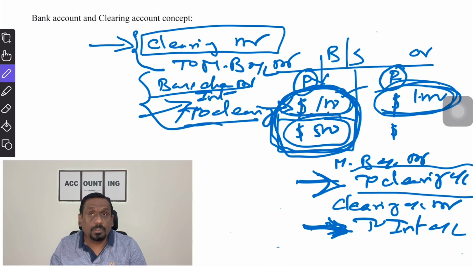This is how you need to identify the transactions in our clearing account, post them to the respective GL accounts, and it is your responsibility to clear the clearing account and also clear your supplier and customer accounts. At the end of the month, you need to make sure that your clearing account is zero.